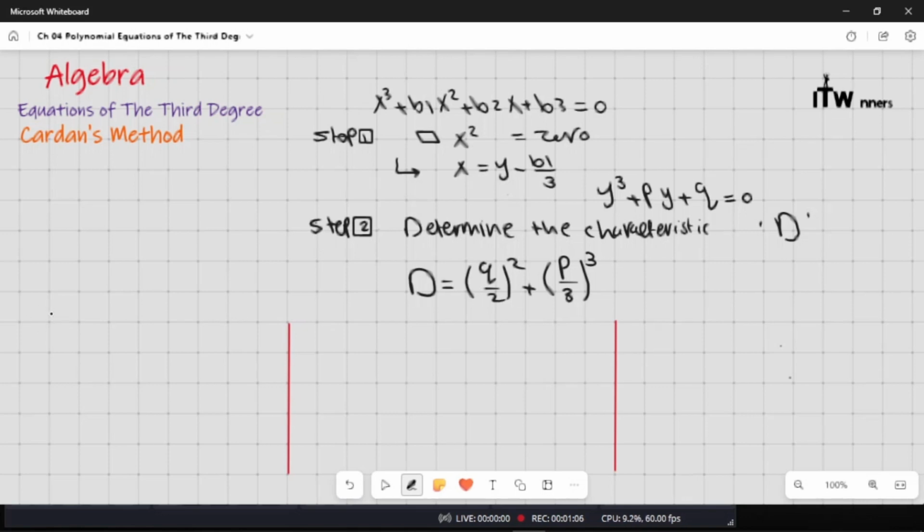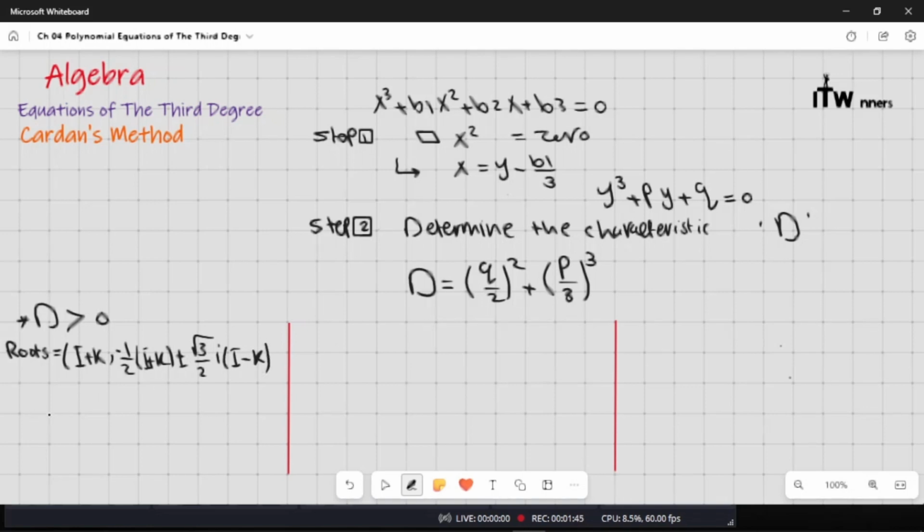So let's start. If d is greater than 0, our roots are equal to I plus k, and negative 1/2 (I plus k) plus or minus square root of 3 by 2 times i times (I minus k).